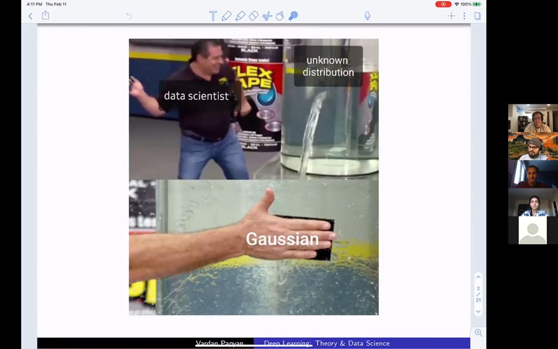And what this person does is he's trying to overcome the challenge by sticking this thing. And essentially the joke is that a data scientist is always trying to fix everything using the Gaussian distribution. So maybe at this point it doesn't make sense, but hopefully by the end of the lecture this meme makes sense.